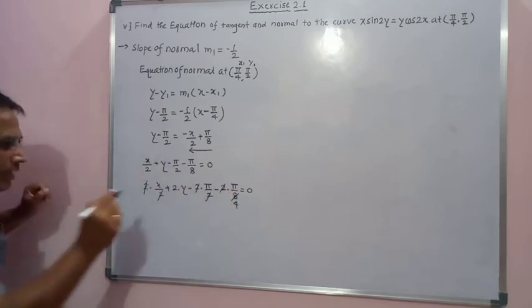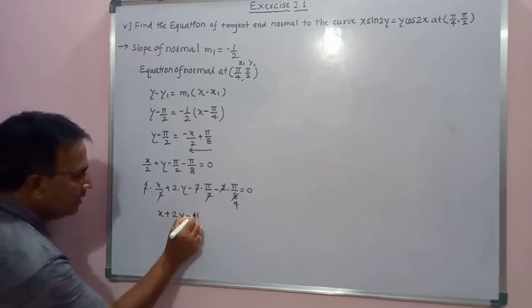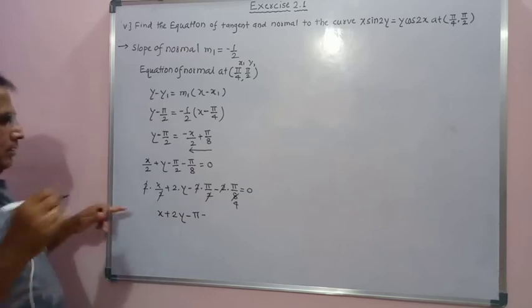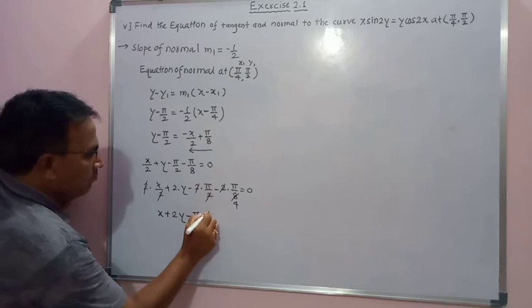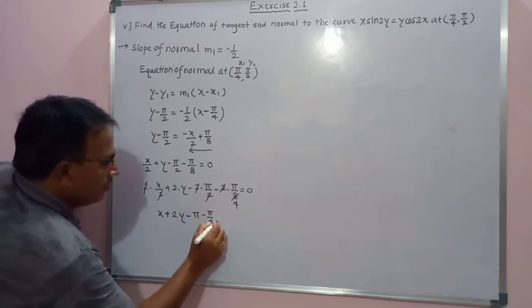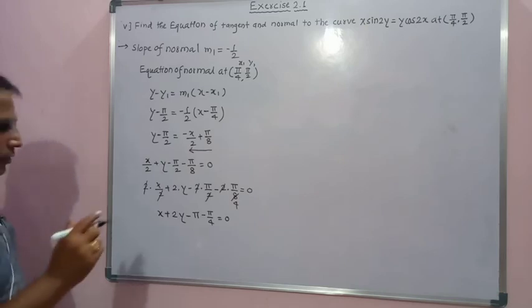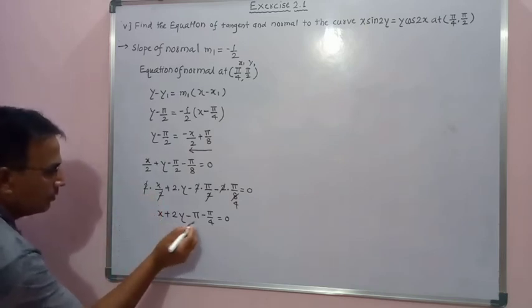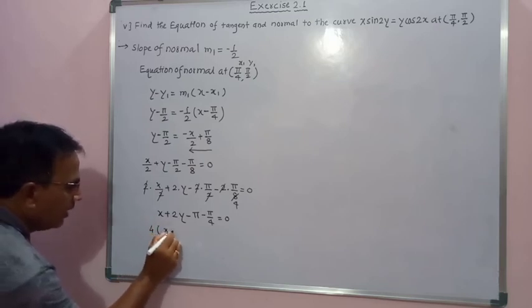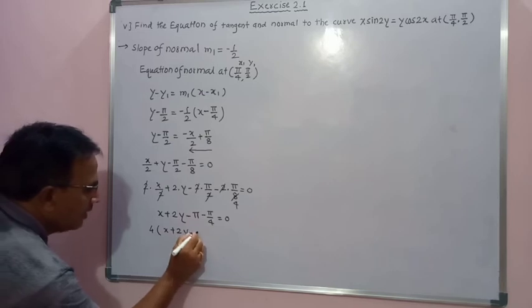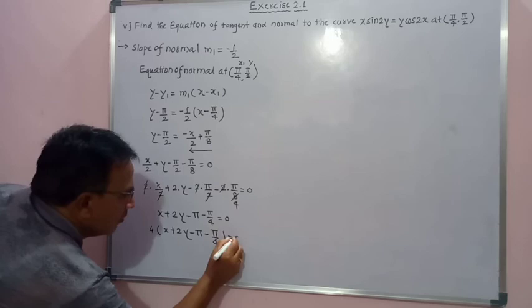Therefore, x plus 2y minus pi minus pi by 4 equals 0. Therefore, we multiply again by 4 into this bracket: x plus 2y minus pi by 4 equals 0.